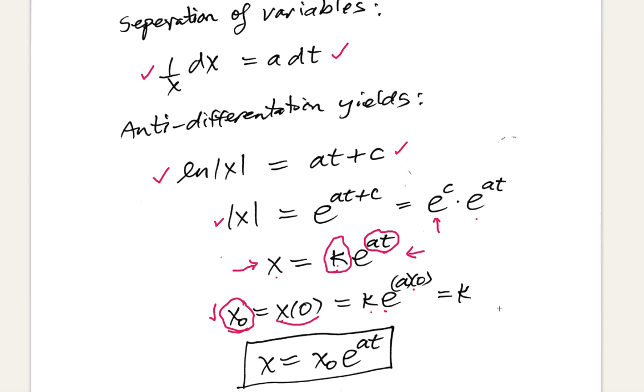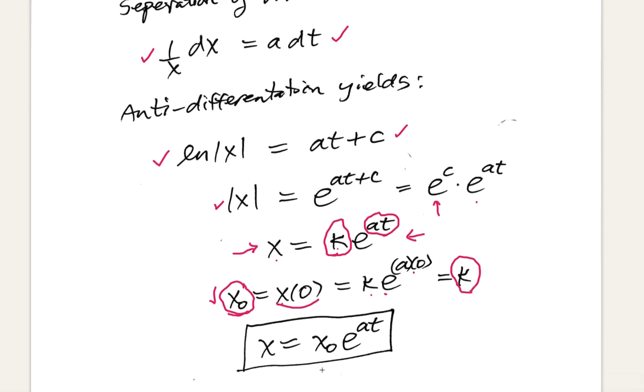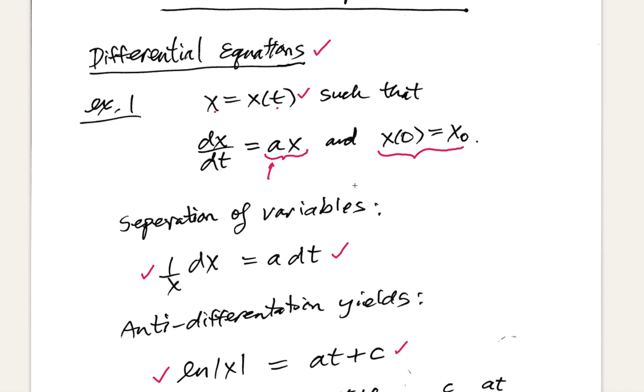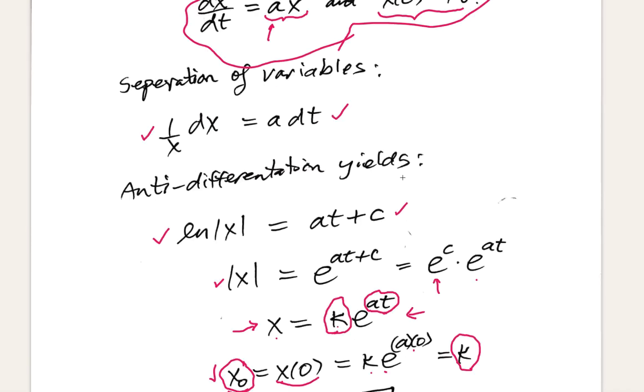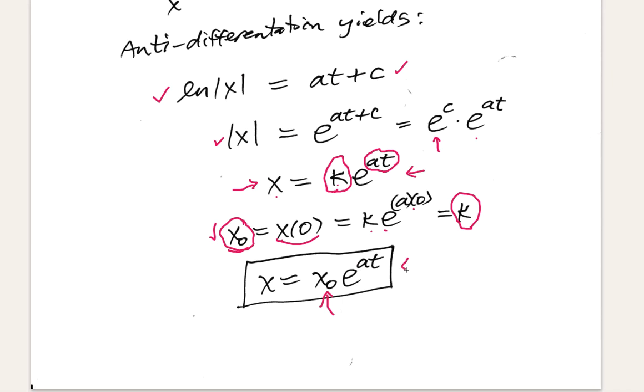So 1 times k is k. So in fact, the constant that goes out front should actually be what? The initial value of x. So we would say the solution to that differential equation, it's an initial value problem, but the solution to this is that. Okay?